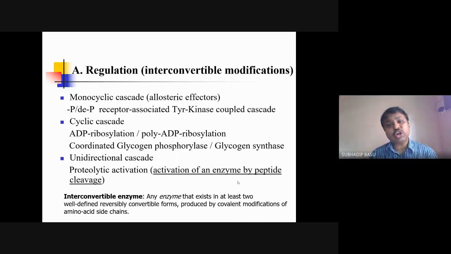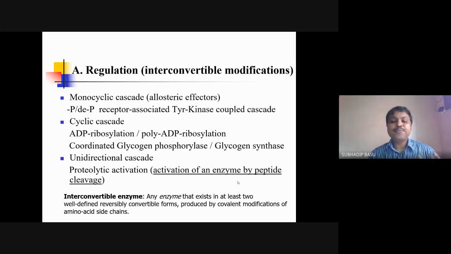For example, interconvertible modification. What do you mean by interconvertible modification? There are some interconvertible enzymes, where there exist at least two well-defined reversible convertible forms produced by covalent modifications of amino acid side chains.